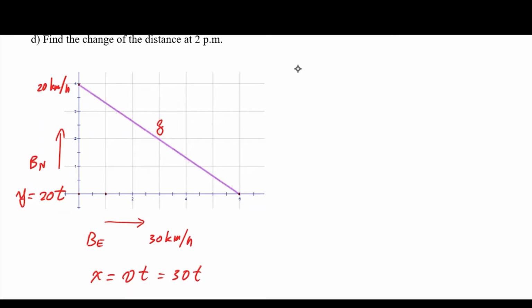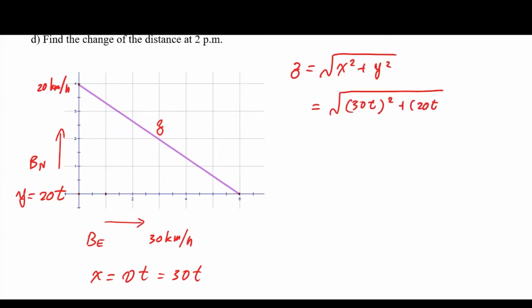So the Pythagorean theorem should tell you that Z is equal to the square root of x squared plus y squared. Too much algebra? Too much geometry? Okay, so that is equal to the square root of (30t) squared plus (20t) squared.